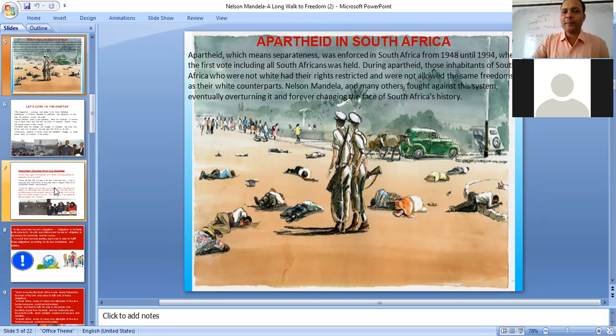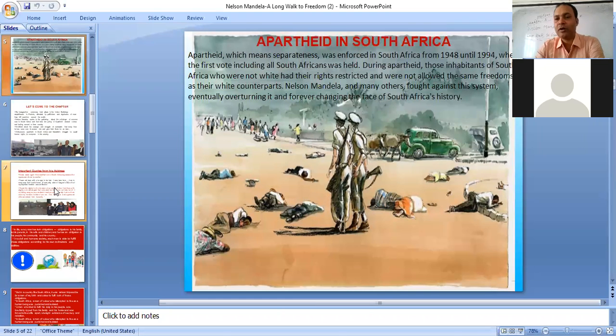Apartheid, which means separateness. South Africa from 1948 until 1994, when the first vote including all of South Africa was held. During apartheid, during separateness, the people of South Africa who were not white had their rights restricted.